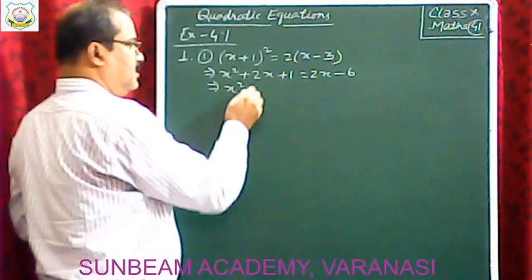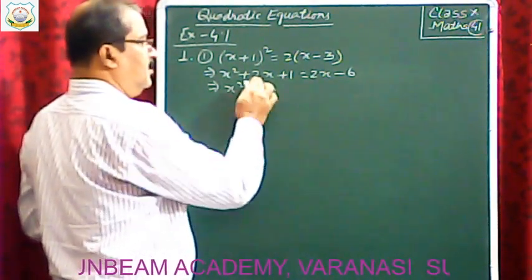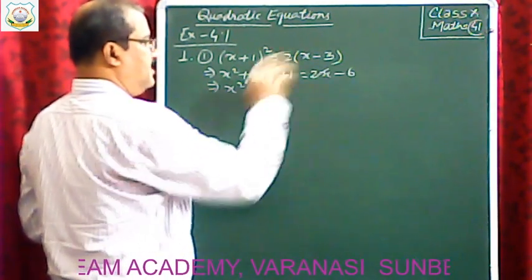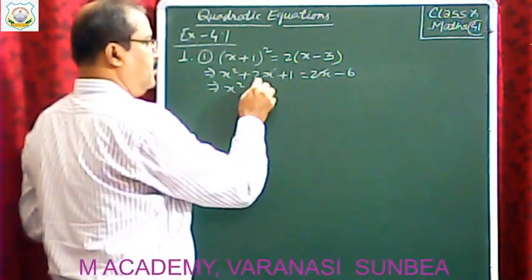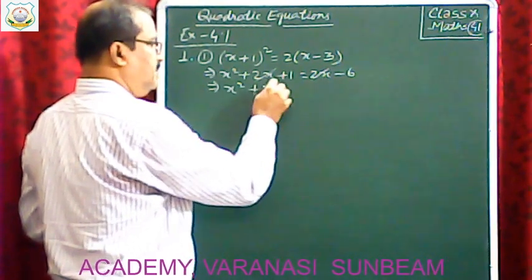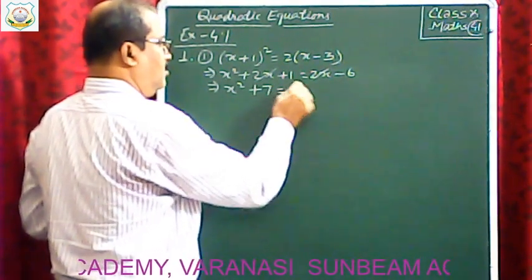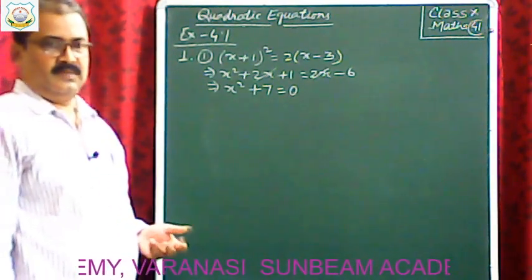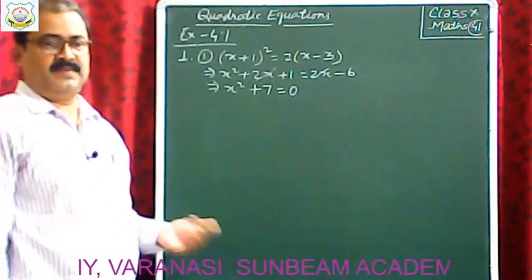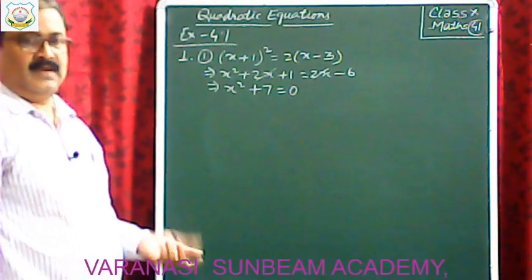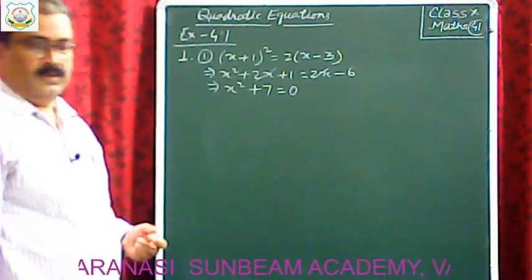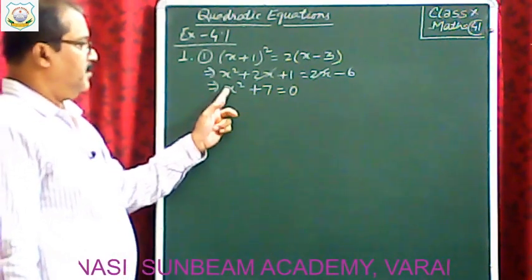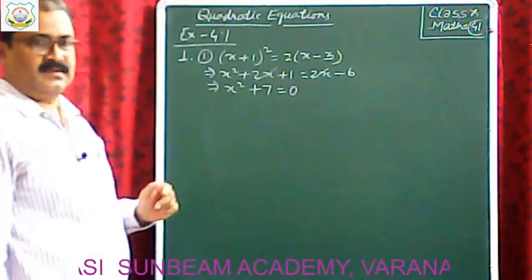So we get x square, 2x, 2x cancel, minus 6 transpose, so plus 7 equal to 0. X square plus 7, the form of ax square plus bx plus c, where b is 0.